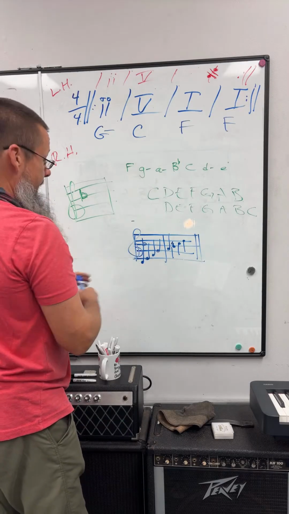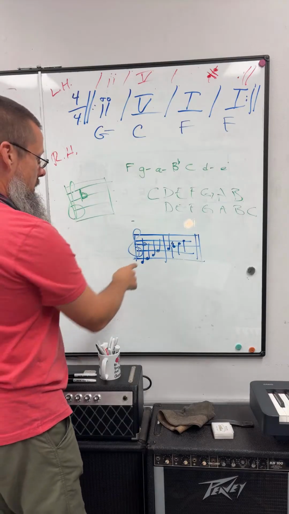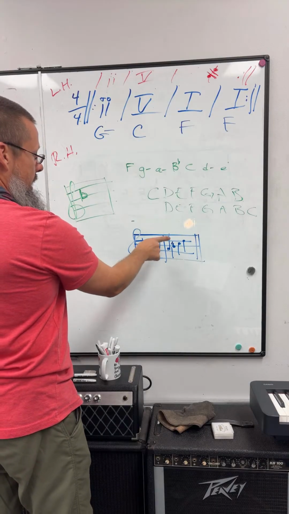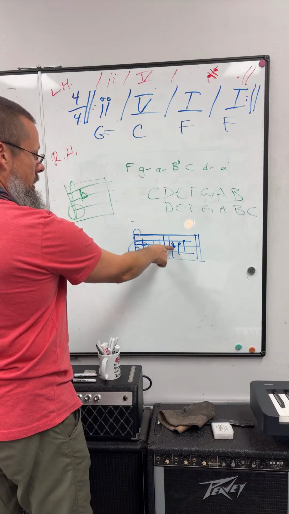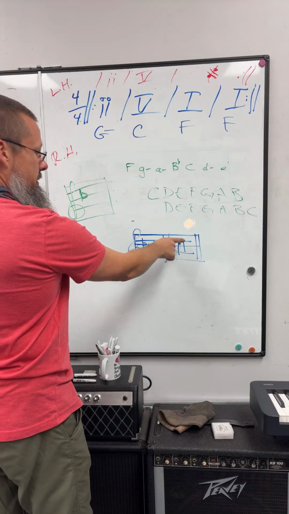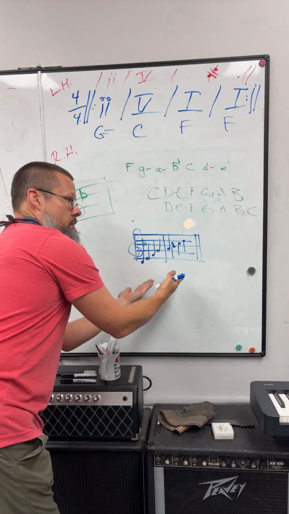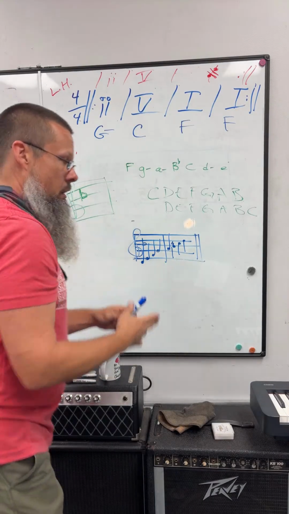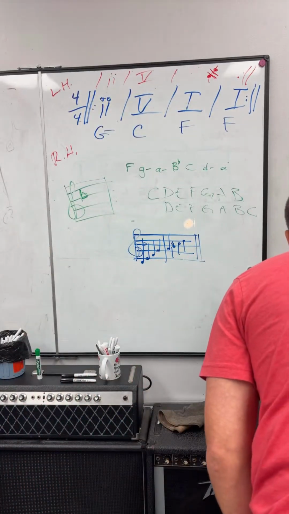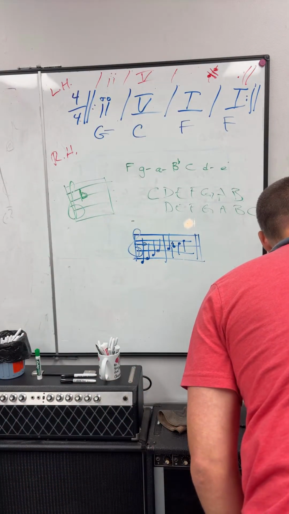There's no E flat in here, that is not written. F, G, A, B natural, C, D. There is no difference between D Dorian and C major. When I play this, that's C major.